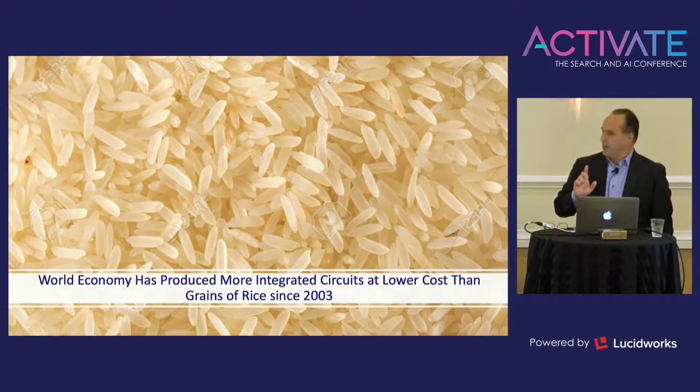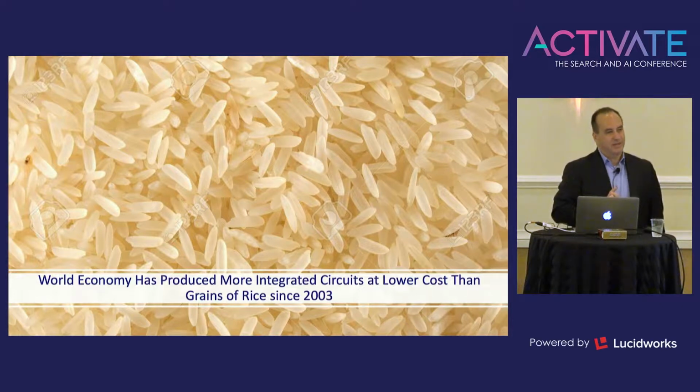So the other reason, though, that we can start to think about this in a slightly different way is, and I don't know how many of you know this, but since 2003, the world economy produces more transistors, which are the components on a chip, at lower cost than grains of rice. So for almost 16 years, we've been printing and producing more transistors at lower cost than rice.